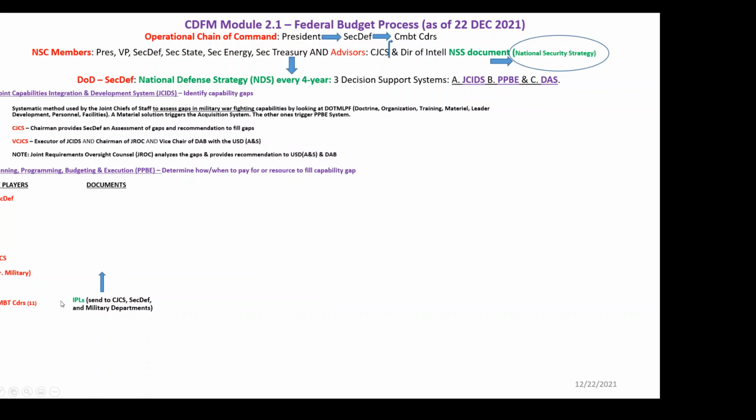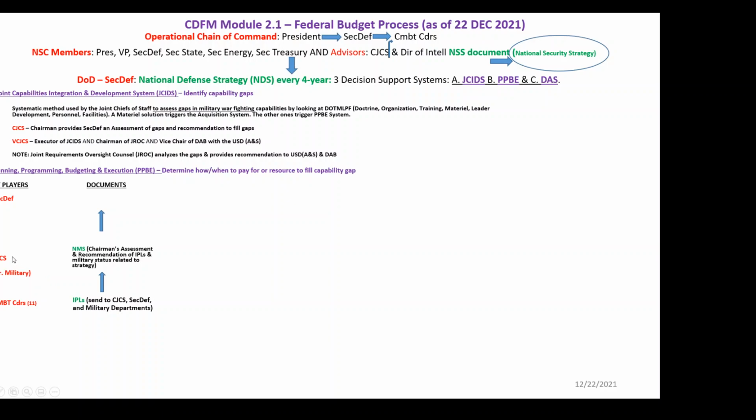Remember, your regional commanders don't own anything. They get resources based on the area they're in. So these departments own the items, and that's why they provide a copy to each one of those entities.